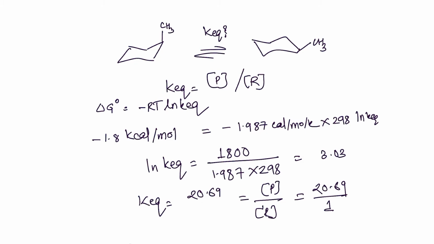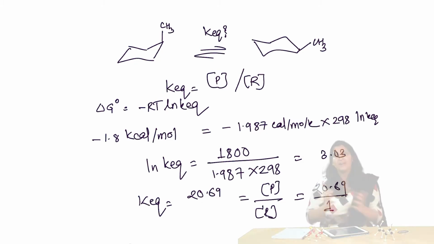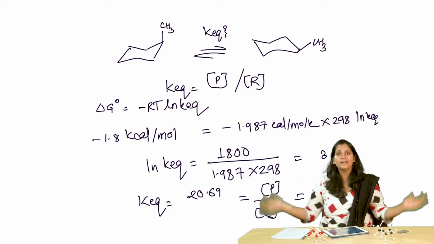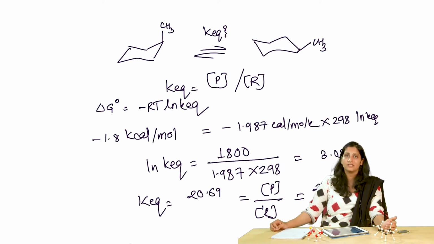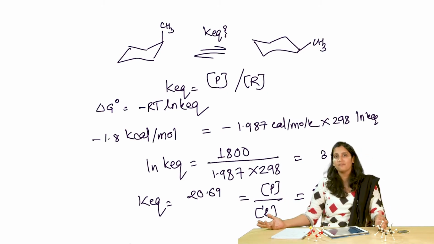So, you can see that if I click a picture 100 times, let us say 98 times I may find the methyl group in the equatorial position, and two times I may find it in the axial position. Okay, so now let us try to solve this particular question. In this cyclohexane, you have substituents that are tertiary butyl and two methyl groups.